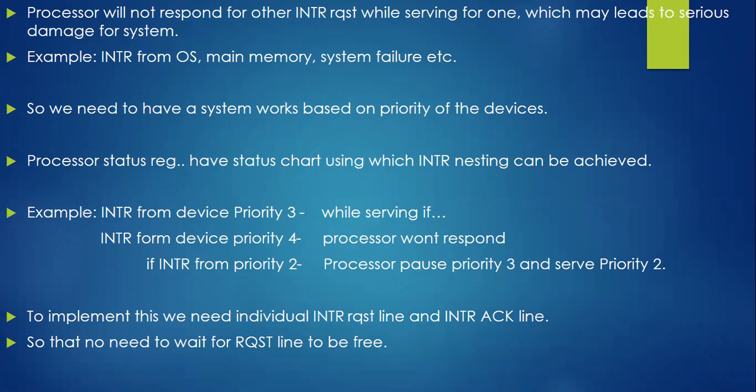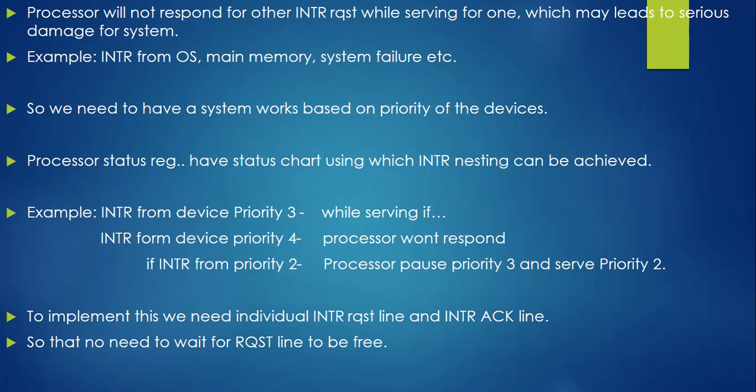I hope you got why we need interrupt nesting mode. We need a system that works based on the priority of the device. The processor status register has a status chart using which interrupt nesting can be achieved. For example, while serving an interrupt from a device of priority 3, if an interrupt from a device of priority 4 arrives, the processor won't respond and will not suspend the execution of priority 3.